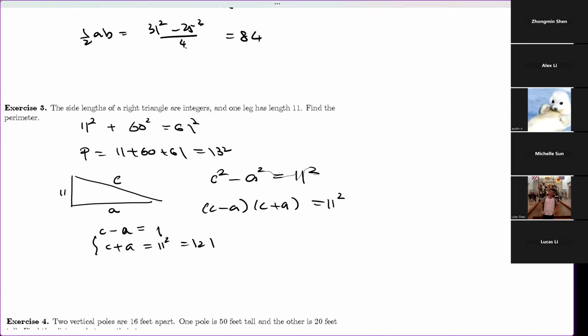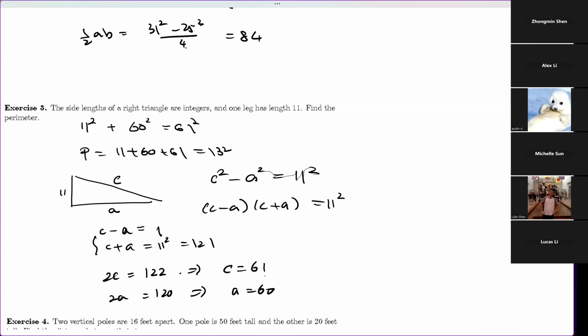Then from here you can solve for a and c. You add them together, 2c is going to be 122. C is 61. And if you use subtraction, 2a equals 120, that means a equals 60. So we solve the problem.